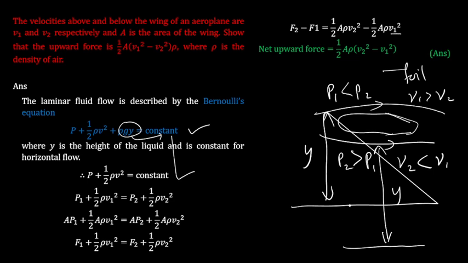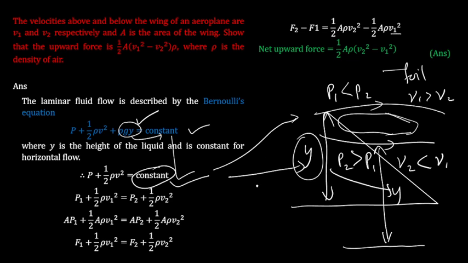So because the reference level is above, we can adjust this value y for the stream above to be equal to this value y, and therefore this constant value can be adjusted to be the same for both the flows above and below, and then we get this equation where the constant value on the right hand side is the same for both the streams above and below.